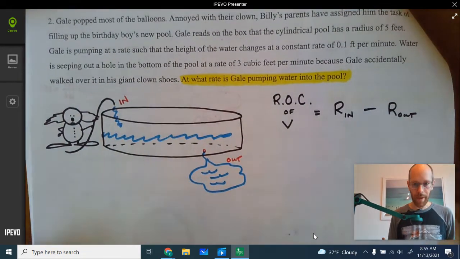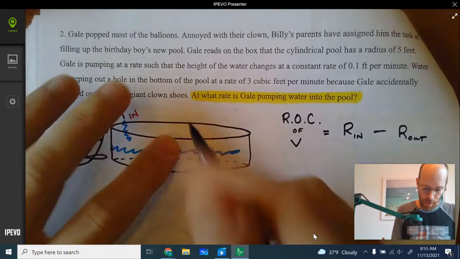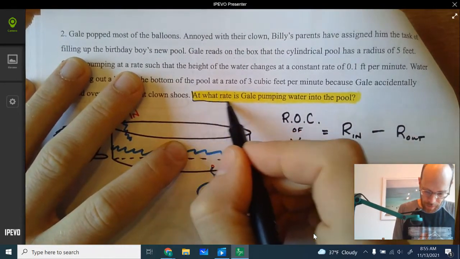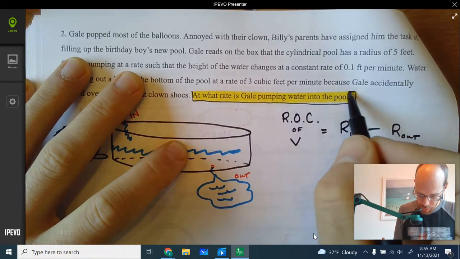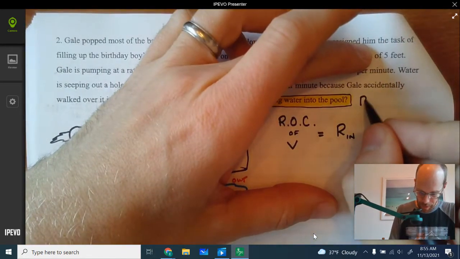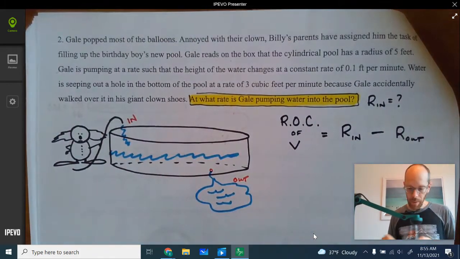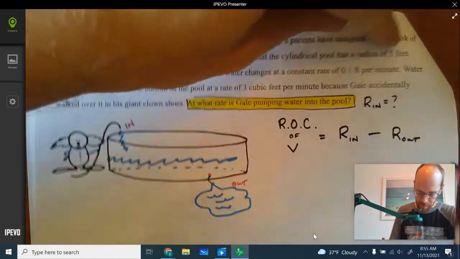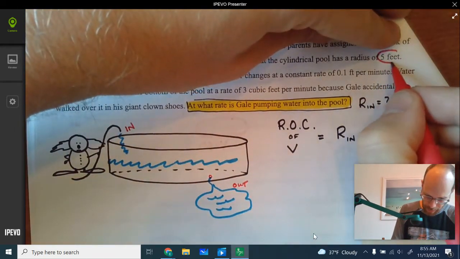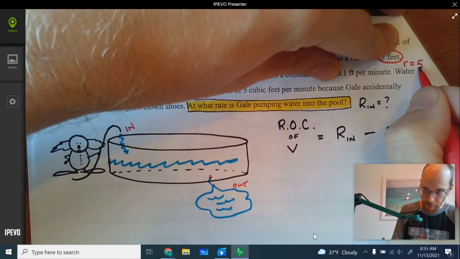Okay. So with that in mind, let's go back to the question. The question asked, at what rate is Gale pumping water into the pool? So what it's asking us for is R in. And we were given some information. It says that the radius of the pool is 5 feet.